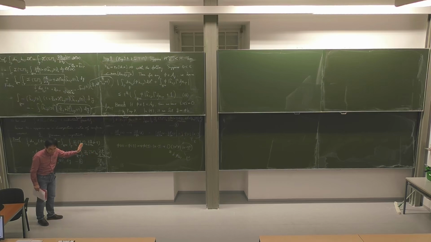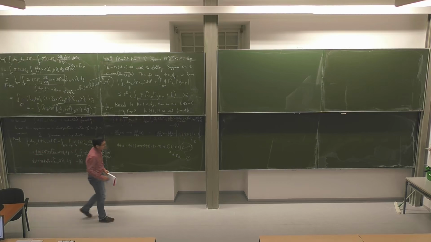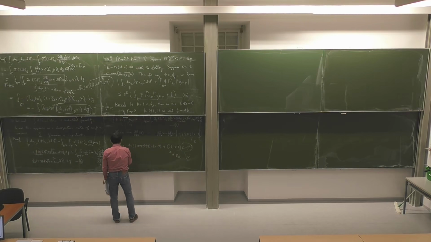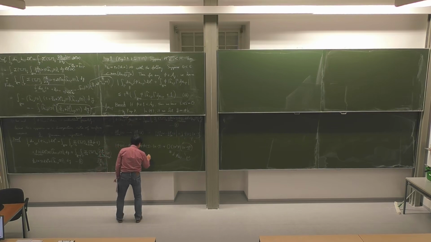So very roughly speaking, this term can be handled. So the point is, you can replace phi x by roughly phi y plus nabla phi y dot x minus y.